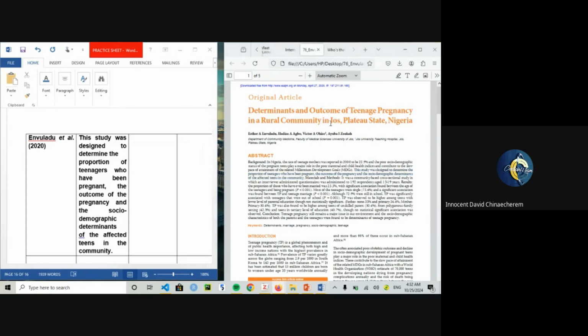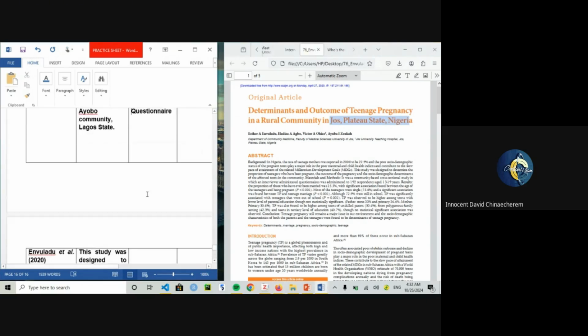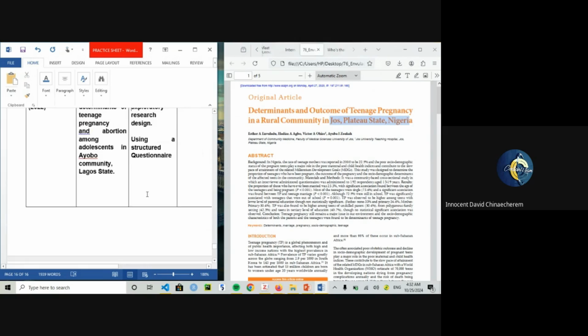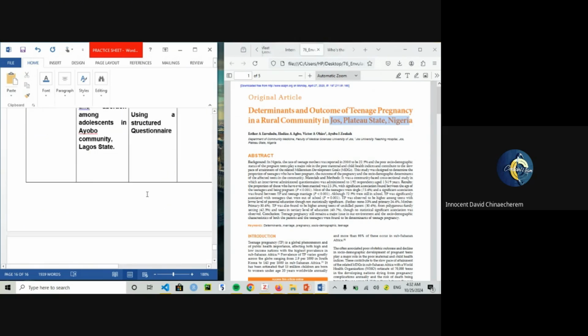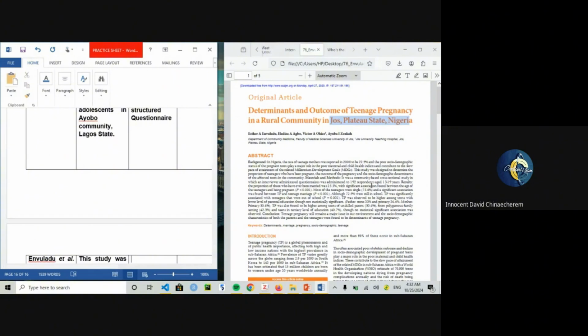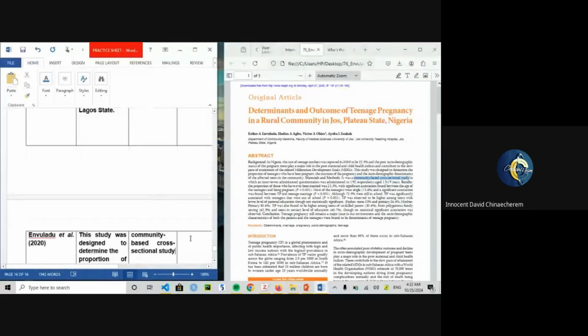By default, we know that the location there is just Plateau, right? So cool. And in terms of the design, we still have to look out. We read the full text of the paper, and the method was a community-based cross-sectional design, right? So we can take out that community-based cross-sectional design.